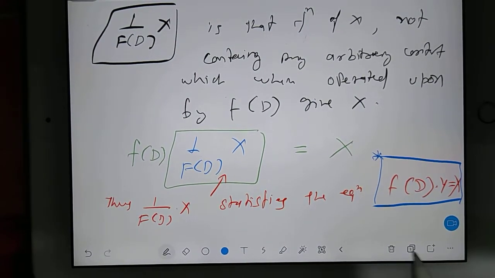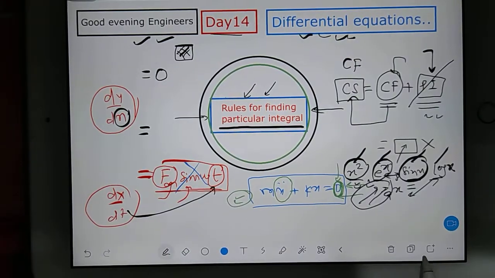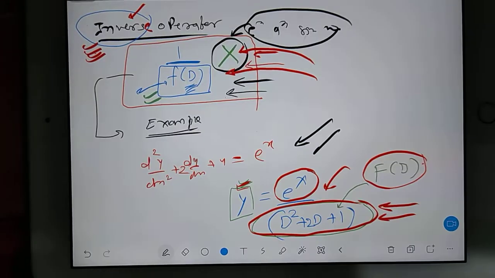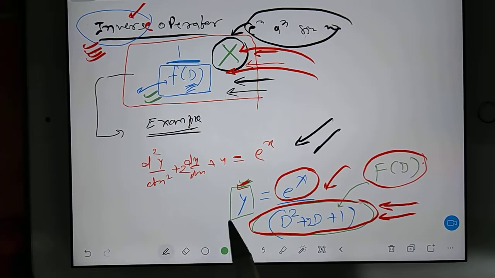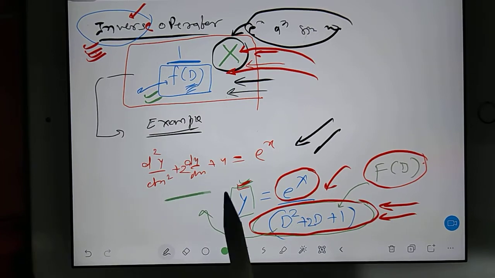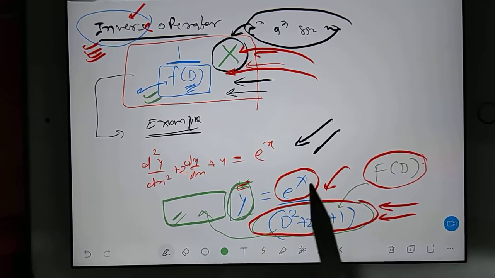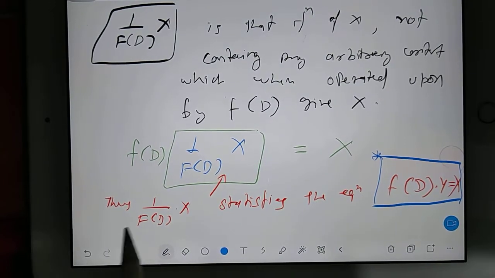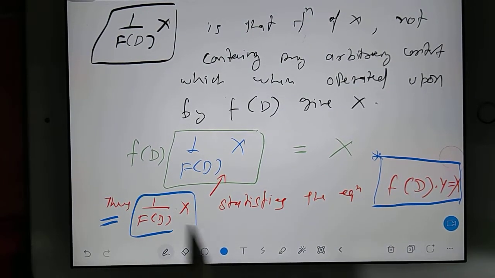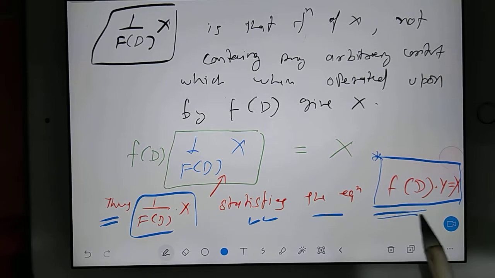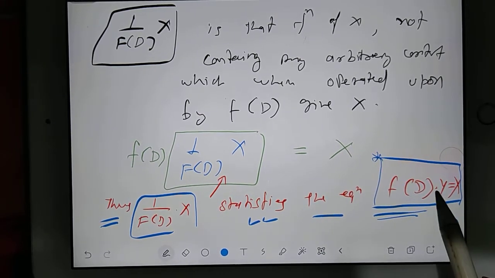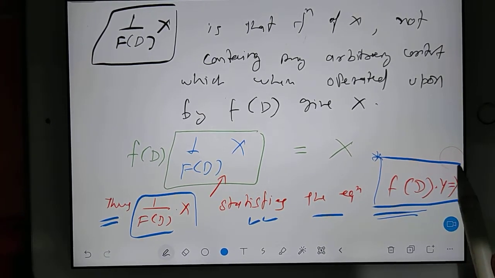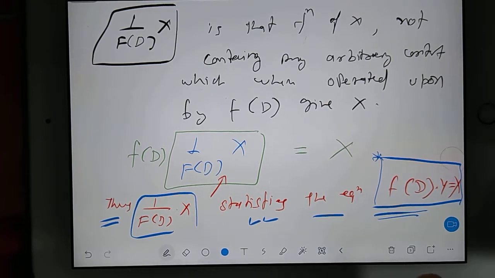Let me go back to the previous page. Finally, this portion was here, right? This portion was your fd, this is y, and this is your x. So it means this guy will satisfy this equation. It means I can replace this y value here. I will change the page and explain further.